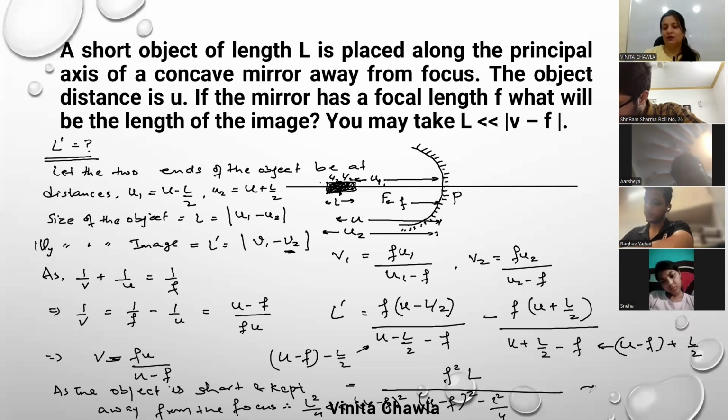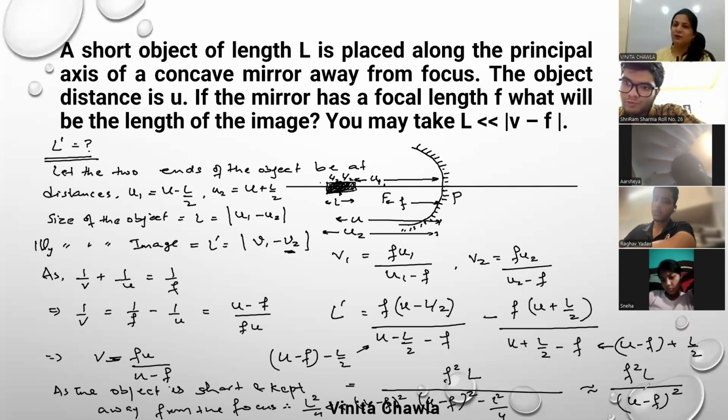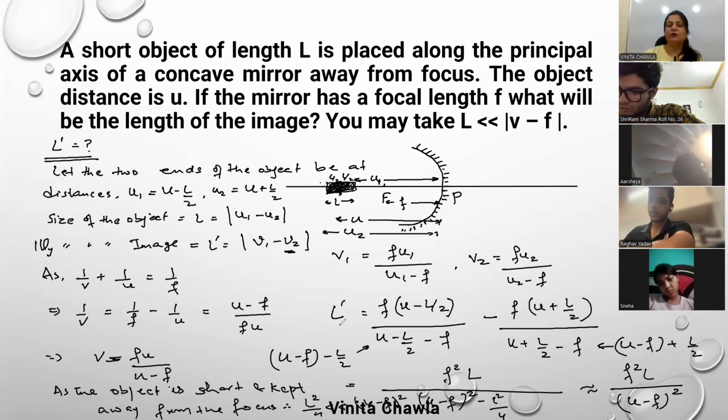So this can be written as, it is nearly equal to f square L upon u minus f whole square. This can be neglected because this is very small. Okay? So this is the final answer you'll get. This is the length, or we can say size, of the image. Okay? Size of the image is this. Please write this.